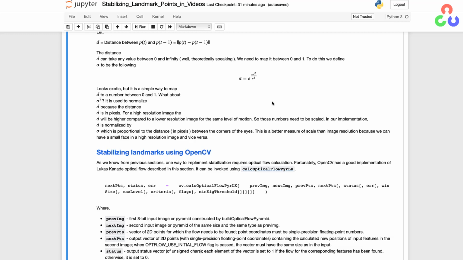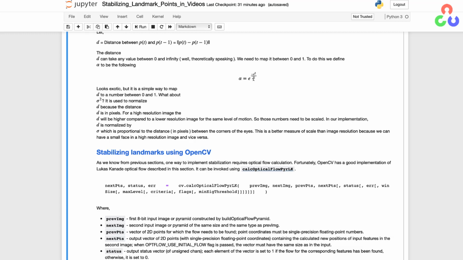And the notion of distance is controlled by this parameter sigma squared. So this is used to normalize the distance. Now, this is a very standard trick in machine learning. Whenever we have something that goes from 0 to infinity and we want to map it from 0 to 1, we use an exponential function like this.